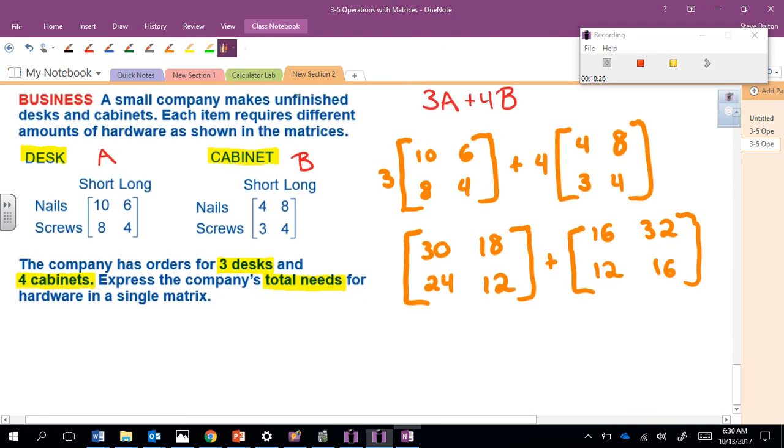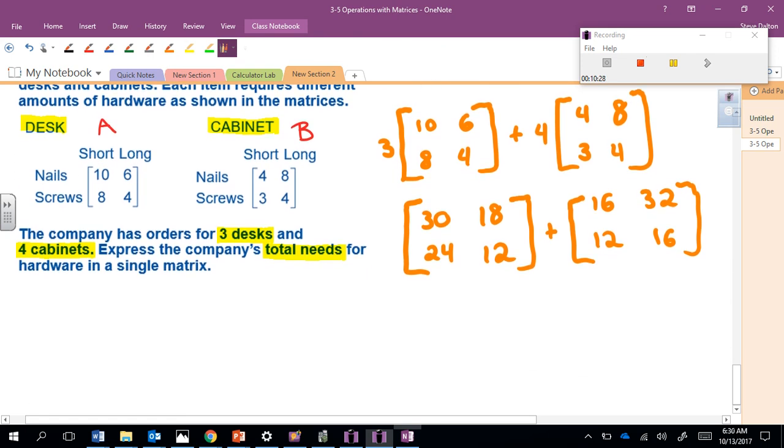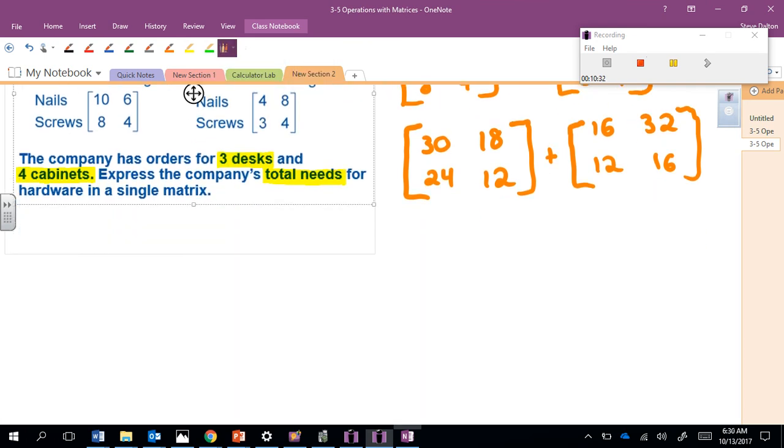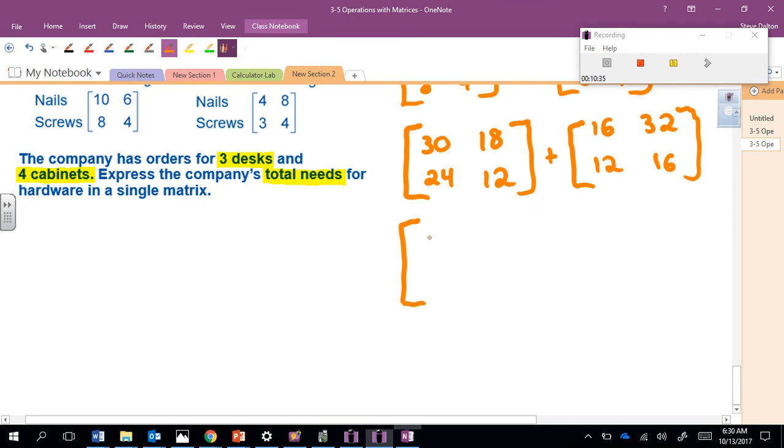Okay, so now all we have to do is add our corresponding elements. So when we add our corresponding elements, we get 30 and 16, which becomes 46. Then I'm going to take 18 and 32, so that gives me 50.